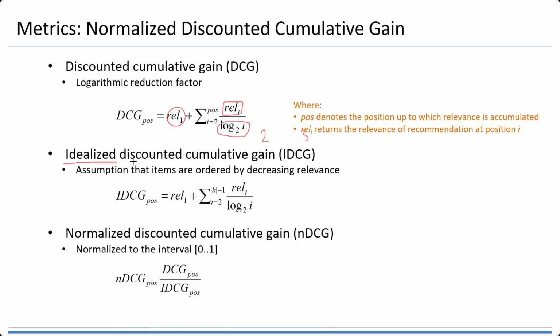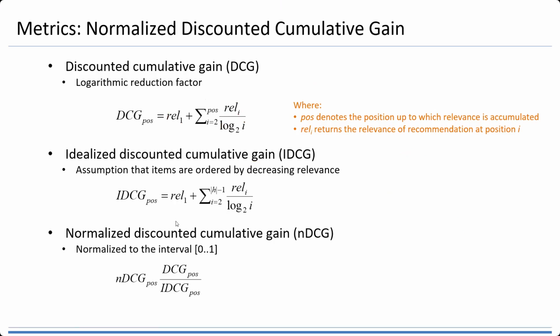So the idealized discounted cumulative gain means the position is similar to the maximum. What is the maximum? If it is located in the first, of course, this is the maximum. If we have 3 items, then we want to know that the product is located in position 1, 2, and 3.